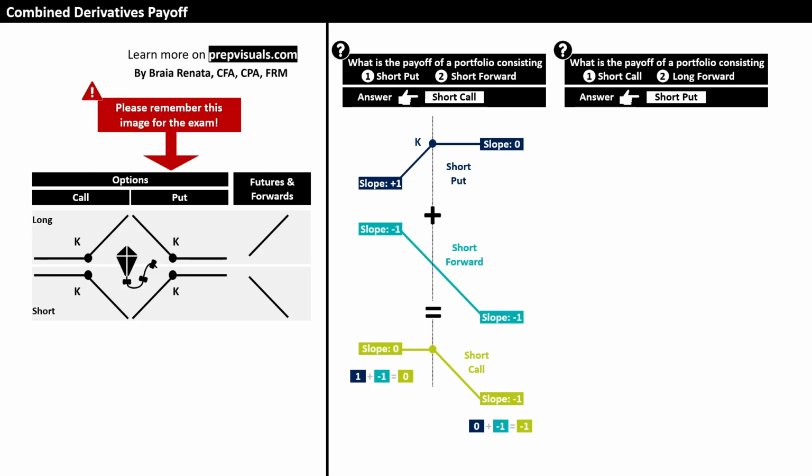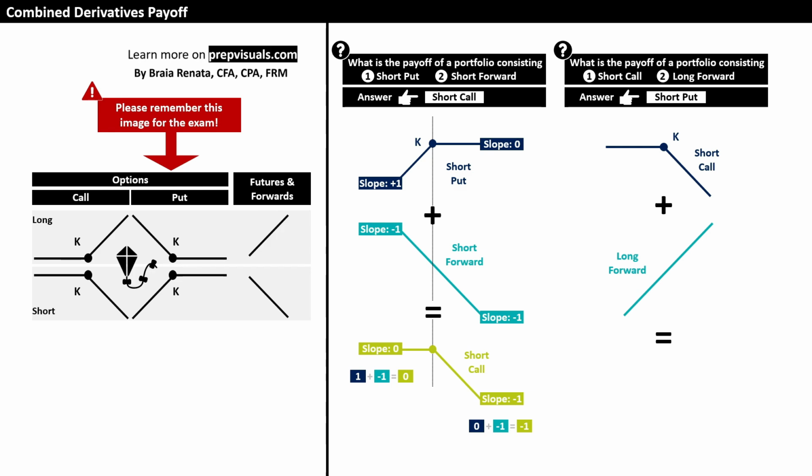So, in this case, we have a short call, the payoff diagram of which looks like this. We have a long forward, the payoff diagram of which looks like this. And our goal is to combine these two payoffs.